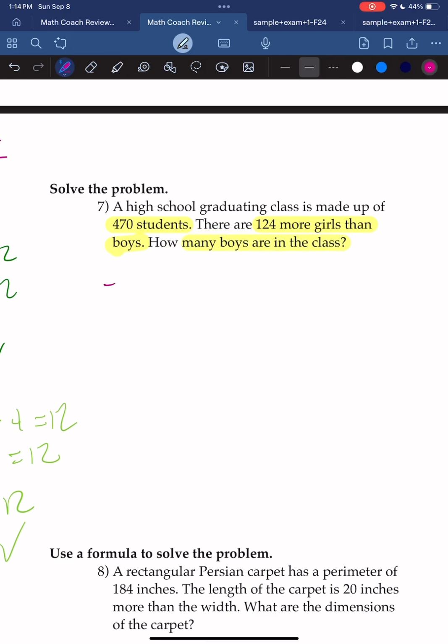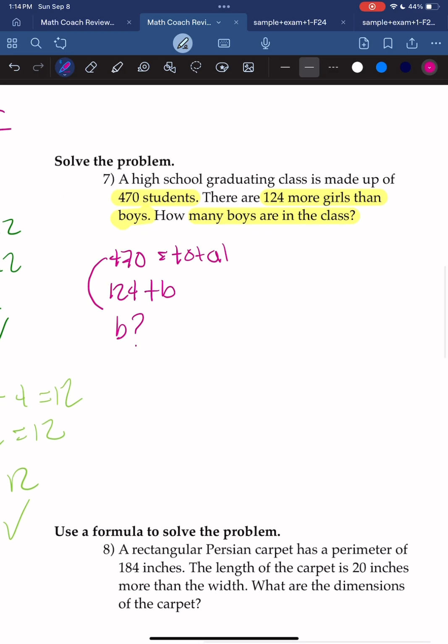So there are 470 students, so 470 is going to be the total. And there are 124 more girls than boys, and we have to find B. So let's plug this in. 470 equals 124 plus B, and we're solving for B because we want to know how many boys are in the class.